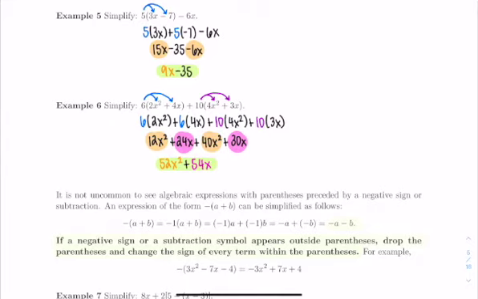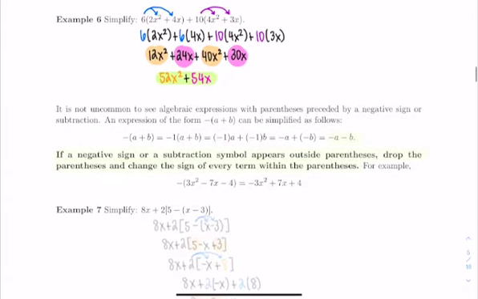It is not uncommon to see algebraic expressions with parentheses preceded by a negative sign or subtraction. An expression of the form negative times (a plus b) can be simplified as follows. Remember that this is just a negative 1, and so when I distribute the negative 1 to both pieces, what ends up happening is that the signs of the terms inside the parentheses change.